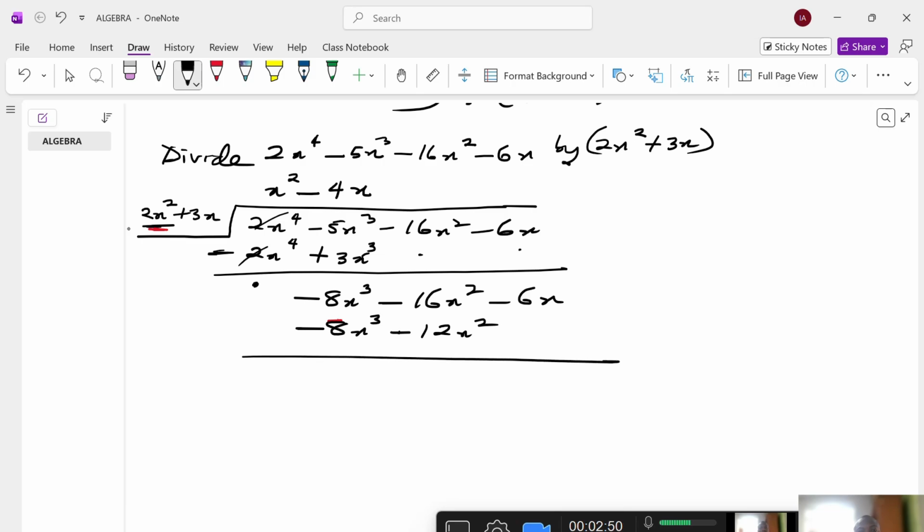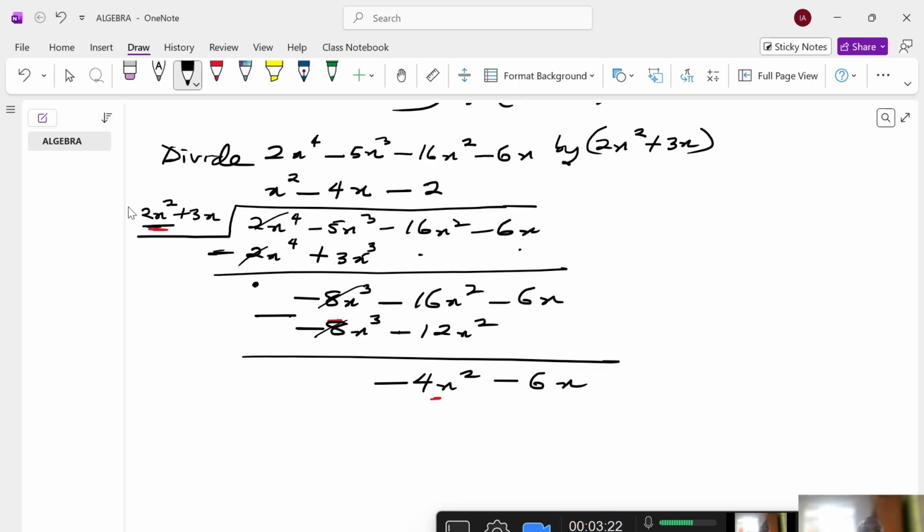Now I can subtract again. So this is minus 8x cubed minus minus 8x cubed, so this will be positive and this cancels out. So minus 16x squared minus 12x squared gives me minus 4x squared, because this is minus 16 plus 12. Then minus 6x. Again, minus 4x squared divided by 2x squared gives me minus 4 divided by 2 is minus 2, then x squared divided by x squared is just 1.